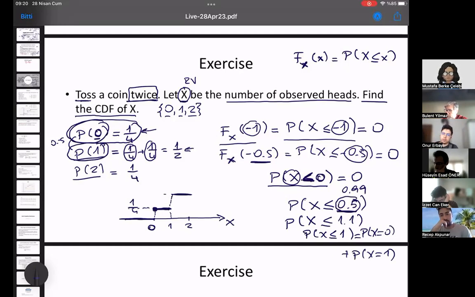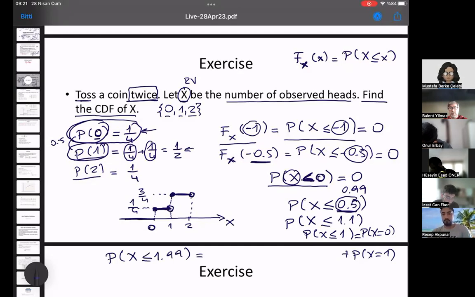Until which point? Until 2, okay? But you see, there is a hole here. There is a filled hole here, okay? Why? Because at 1, 1 is only included here, and after that point it is included here. And at 2, what is the probability of obtaining a random variable less than or equal to 1.99?